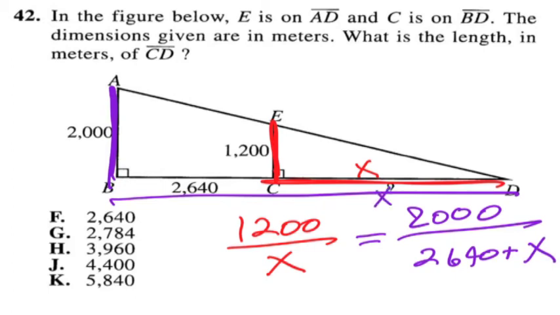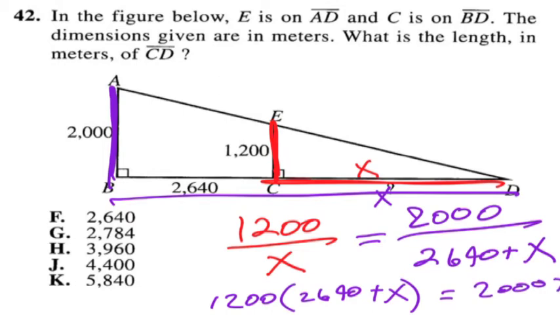So we're going to cross multiply, and we'll have the 1200 times 2640 plus X is equal to 2000X. Now we're going to multiply these out and then divide by the 2000.